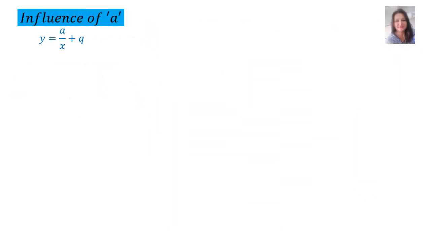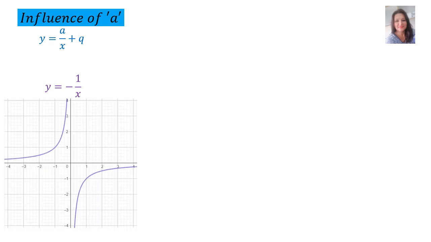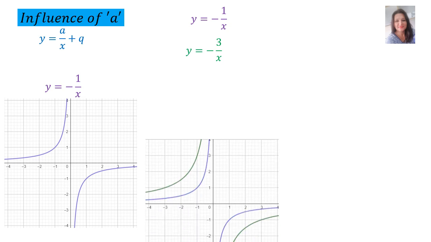Let's look at the influence of a when a is negative. When you have y is minus 1 over x, then your hyperbola will live in the second and fourth quadrant. Now, let's look at the graph of y is minus 3 over x on the same system of axes.